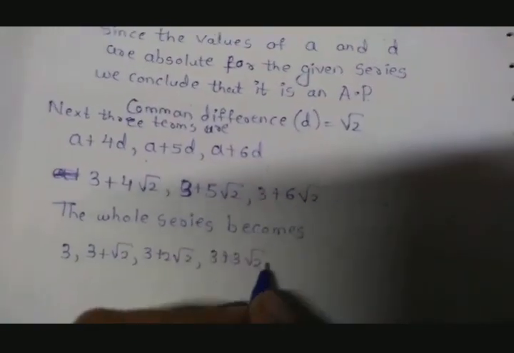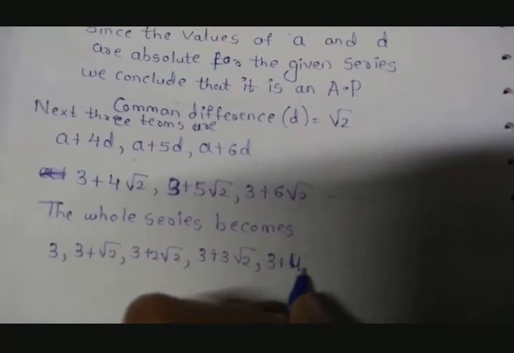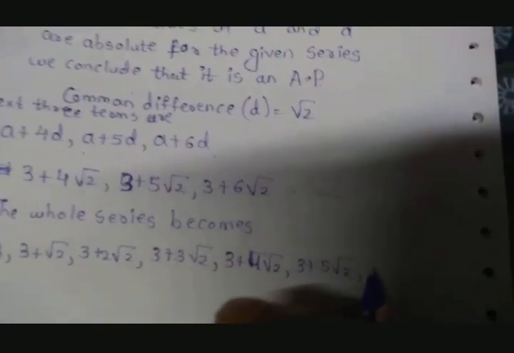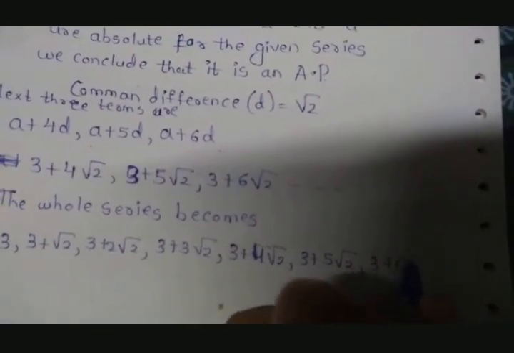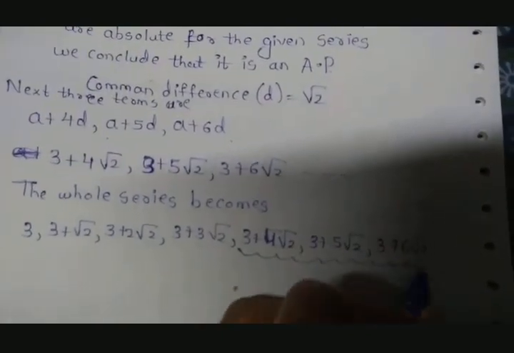Now we have found the next 3 terms, that is 3 plus 4 root 2, comma 3 plus 5 root 2, comma 3 plus 6 root 2, and so on. These are the next 3 terms which we have found.